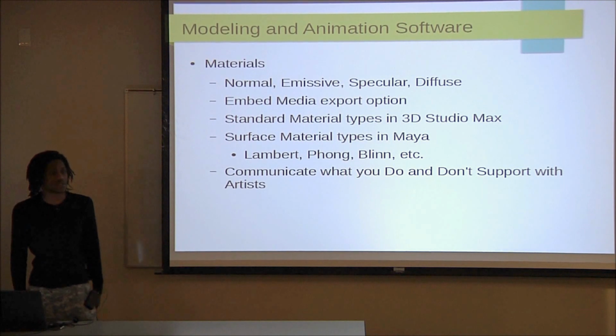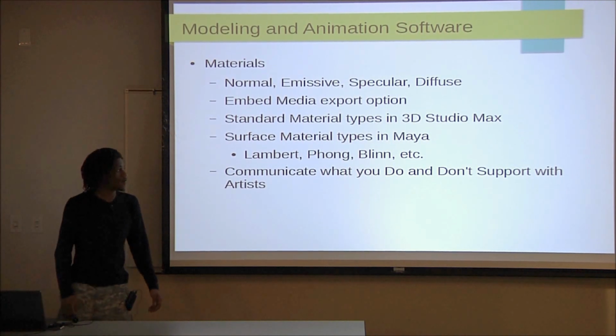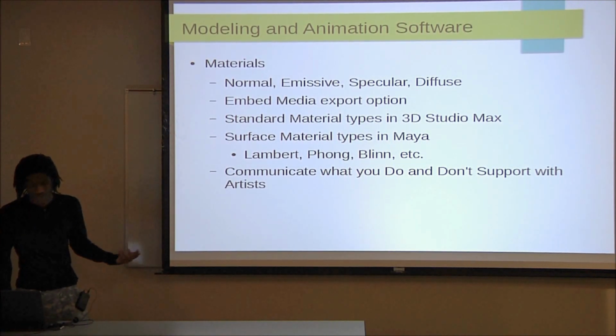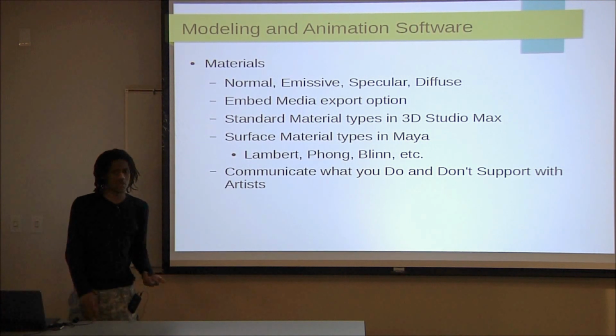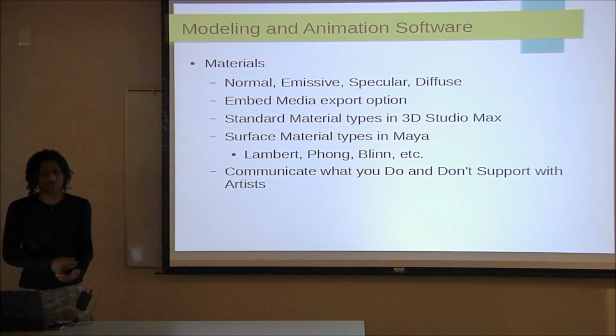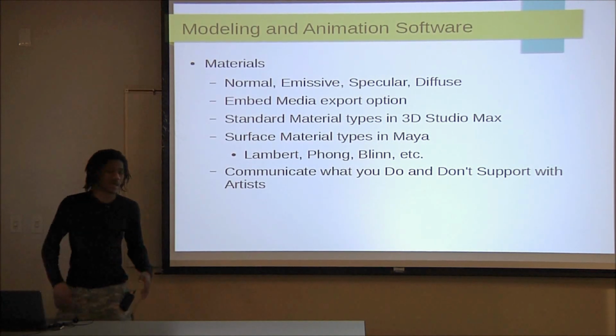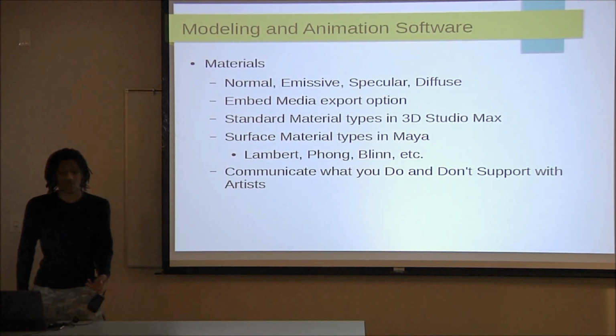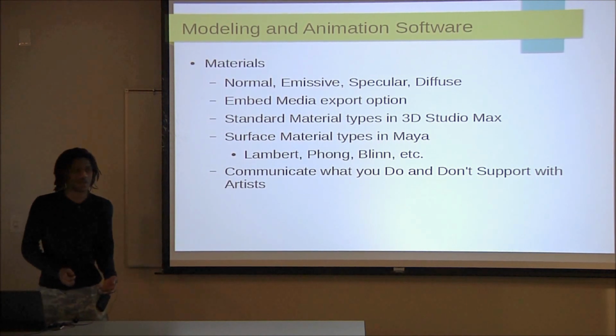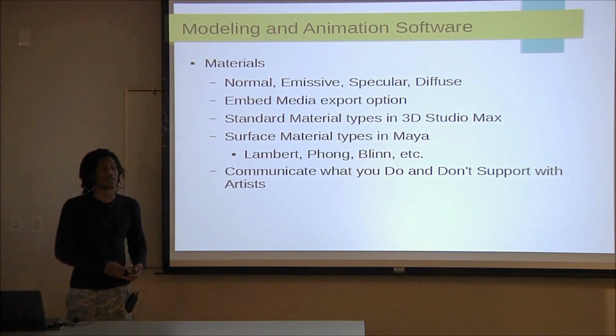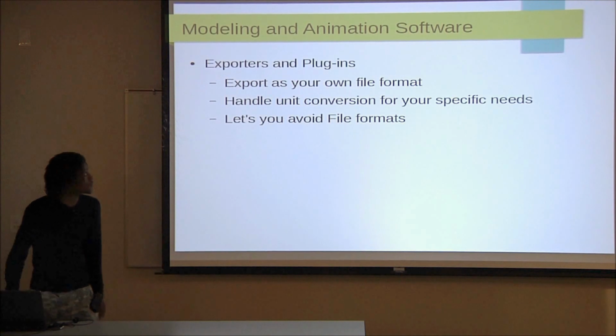It saves you guys time. This applies to everything else in your pipeline. Communicating with your artists, letting them know what you support and what you don't support, will help your relationship altogether and workflow, because they're not wasting time doing something and then not getting any results. You guys aren't expecting things and then not getting any results.